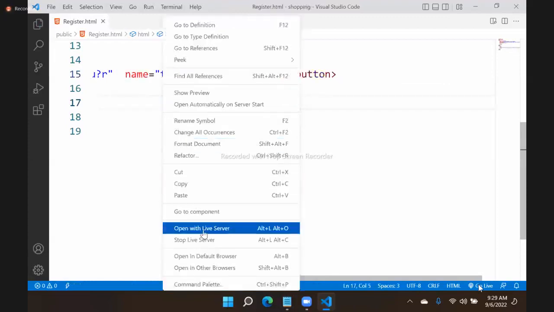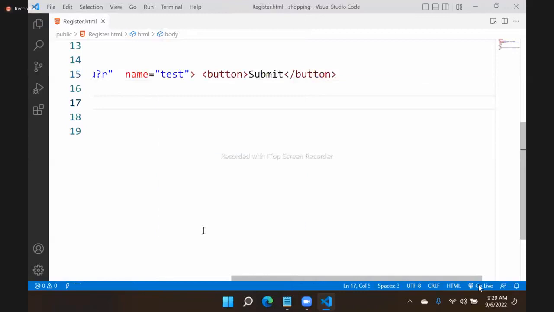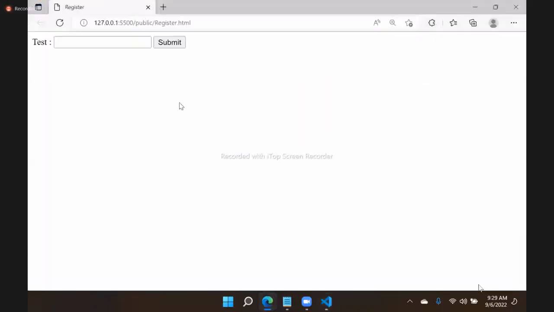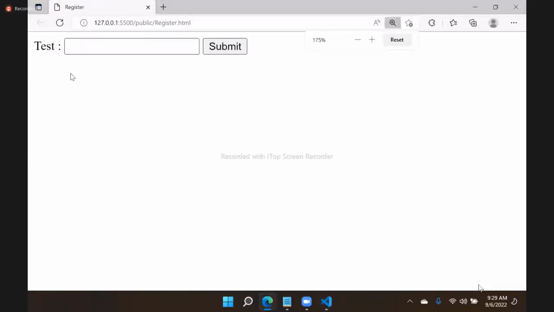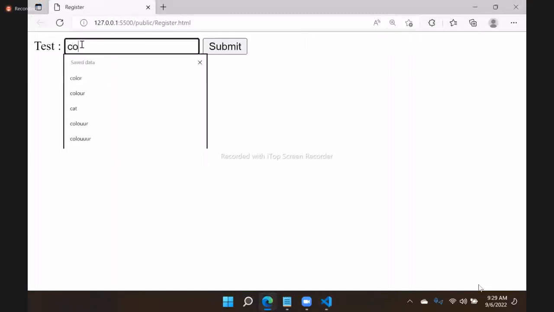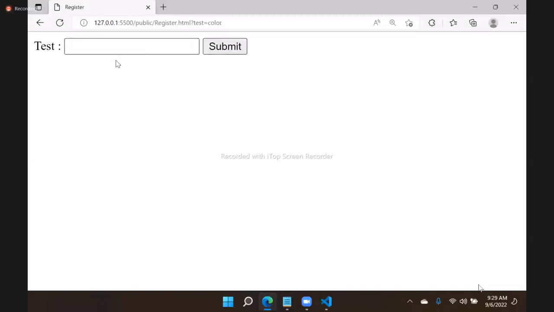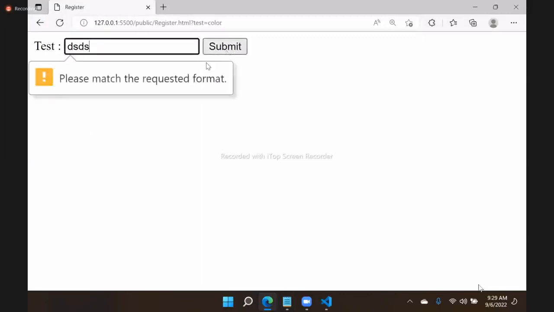Now question mark means you can enter two important keywords. You can enter COLOUR, submit, it is allowed. COLOR, that is also allowed. Any other spelling is not allowed. We are restricting.